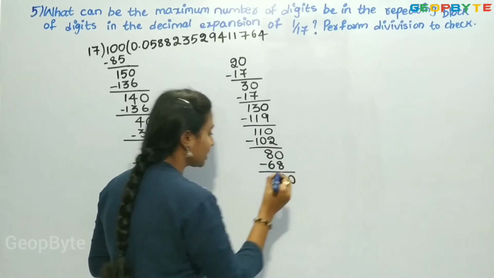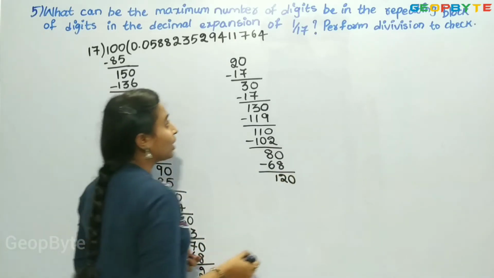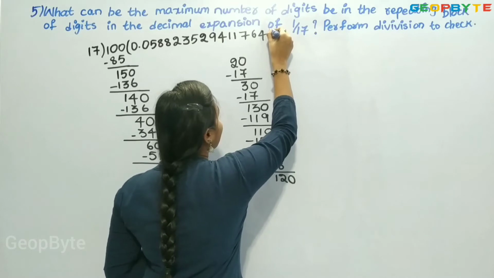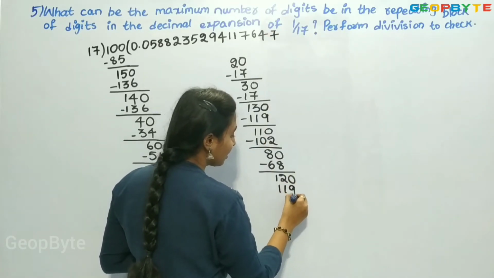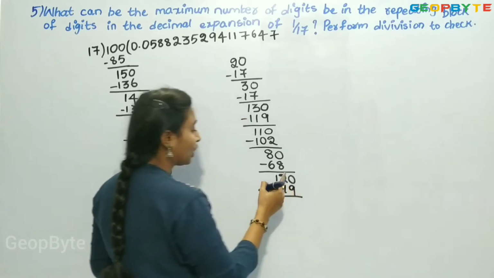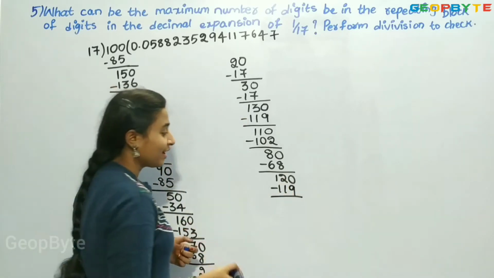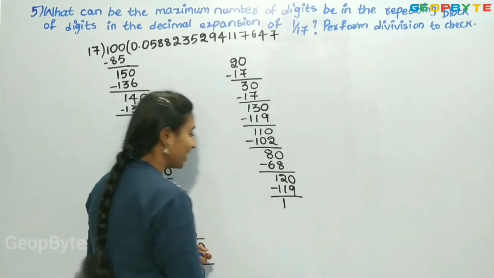Let us put a 0. Now 17, 7s are 119. 120 minus 119 gives you 1.